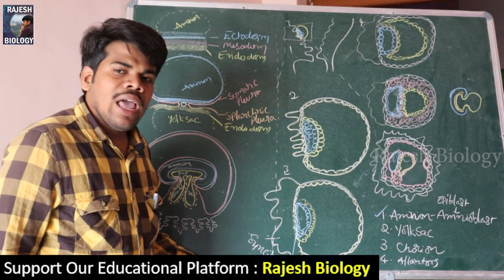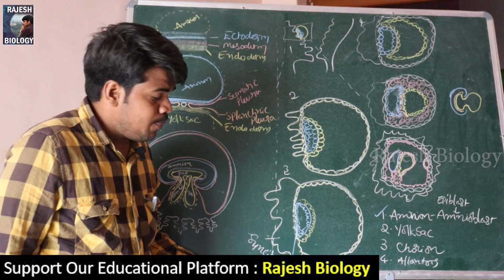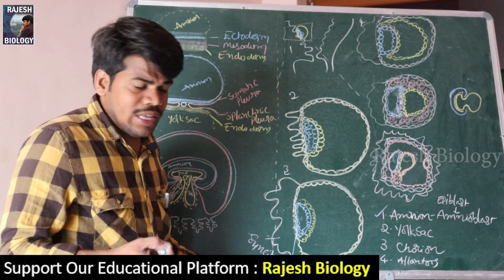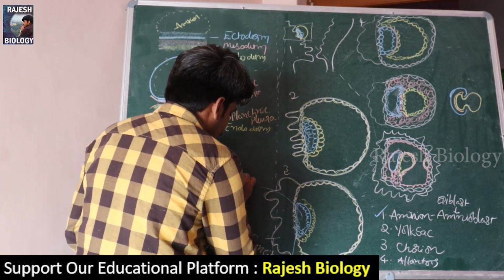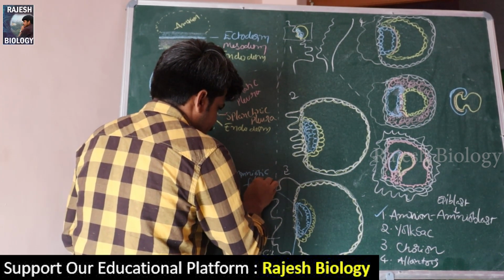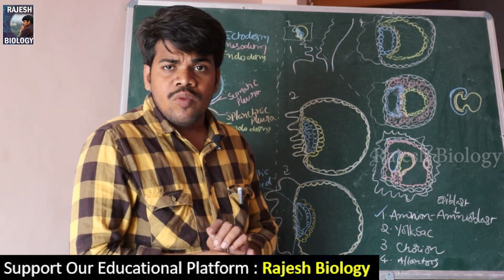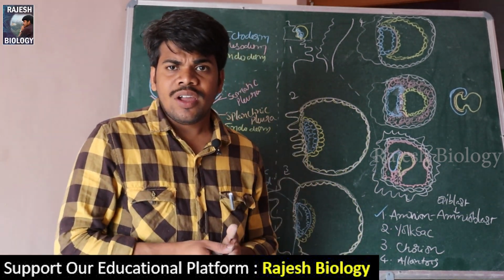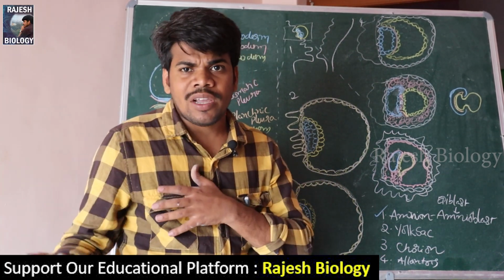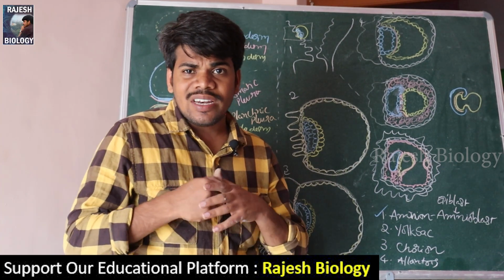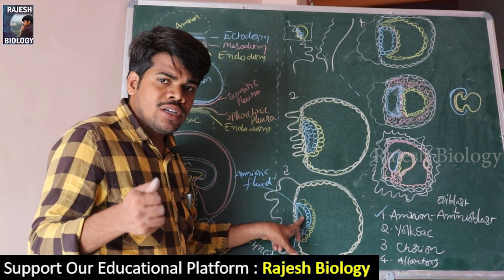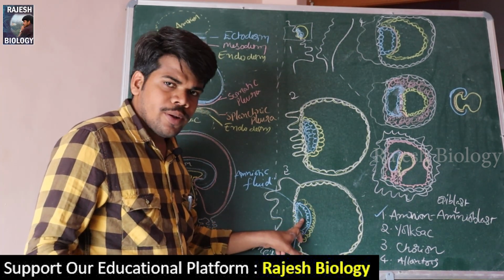In this amniotic cavity, there is a liquid called amniotic fluid, which keeps the embryo moist, protects it from external mechanical shocks, and prevents desiccation. So the first extra-embryonic membrane is this one.